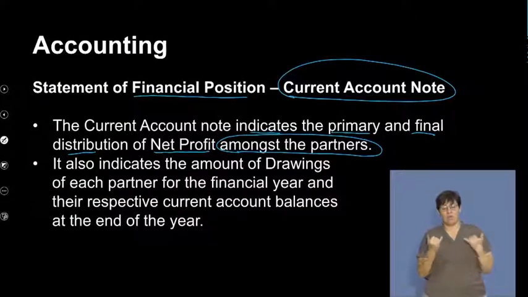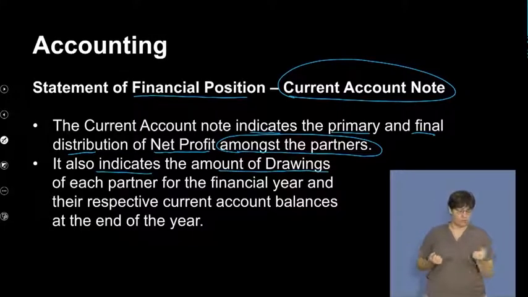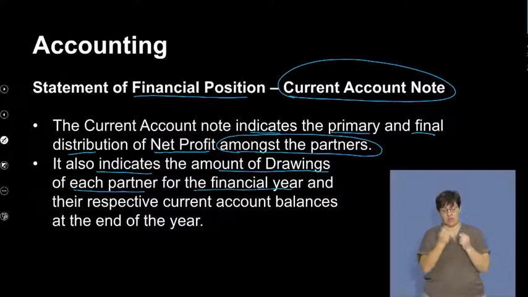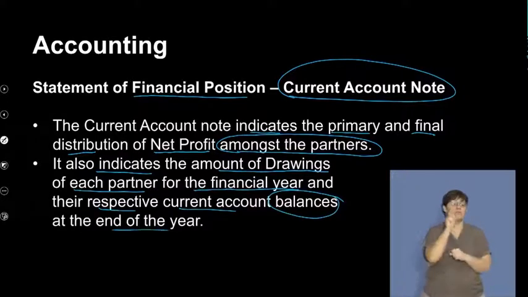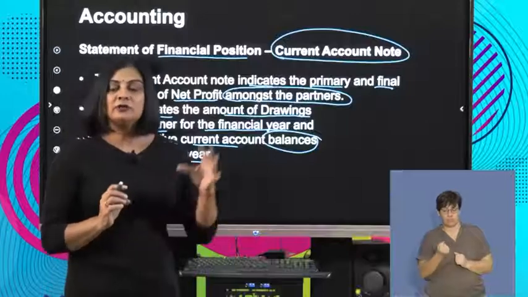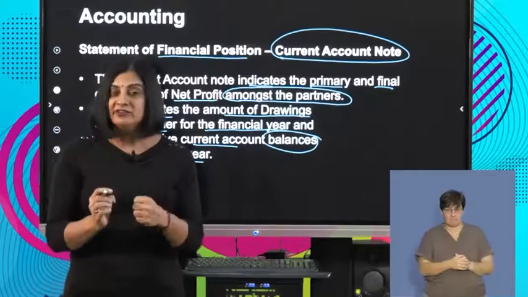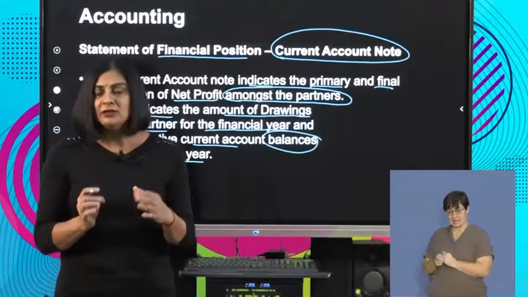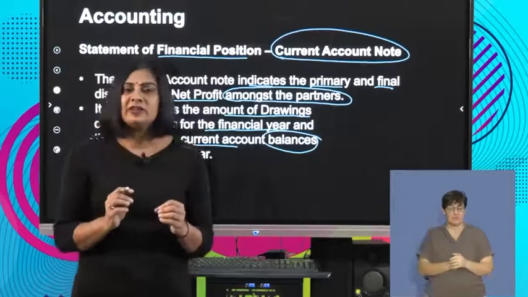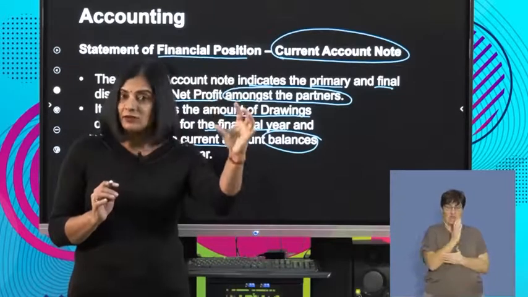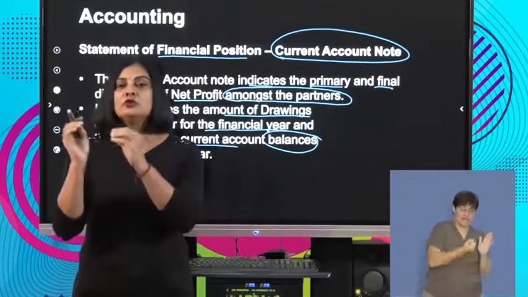Right, what else does the current account note indicate? It's going to also indicate the amount of drawings of each partner for the financial year and their respective current account balances at the end of the year. So in other words, drawings, how much for the year they've taken from the business, and then at the end of the year, remember we discussed this in the previous lesson, what you were entitled to take versus what you've taken.